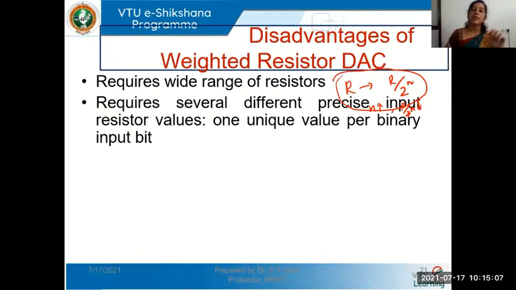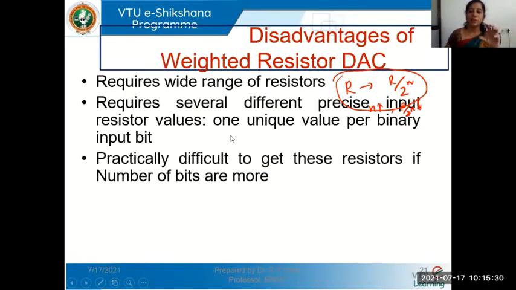So since there are small variations in the value of resistors, the step voltages will also vary, and the linearity of the DAC, that straight line joining all the analog points, even that linearity will reduce. Okay, so all these are problems when I don't have precision resistors of the prescribed value.